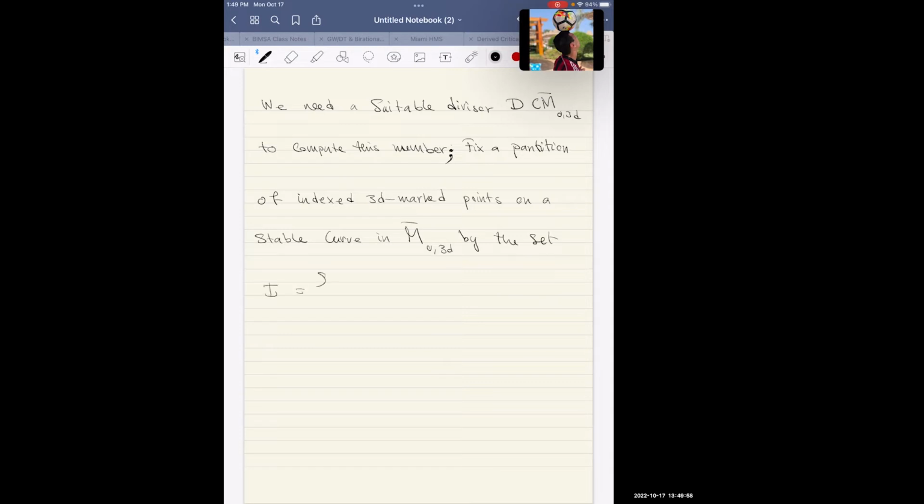So I'm going to use it this way: i equal to 1, 2, all the way to 3D minus 4, and then P, Q, R, S. Okay, do you remember what we were doing? We were looking at M bar 0, 3, remember? That was just a single point. And then we were looking at M bar 0, 4, and that was a P1.